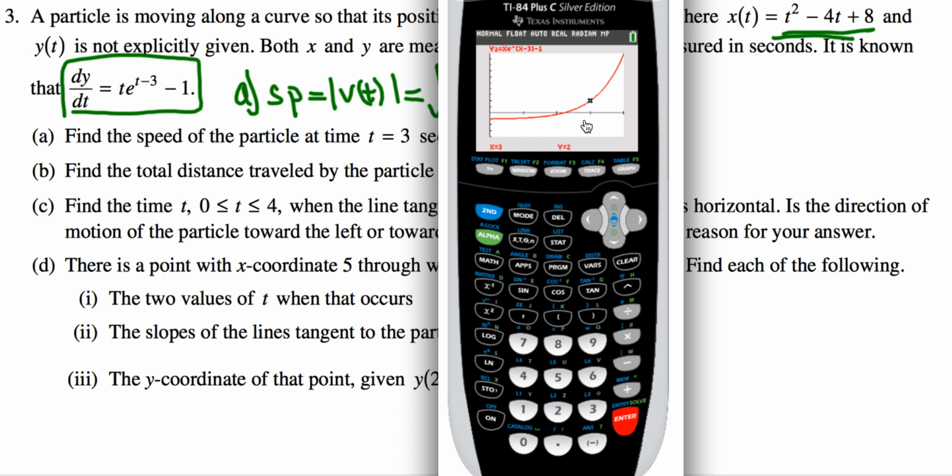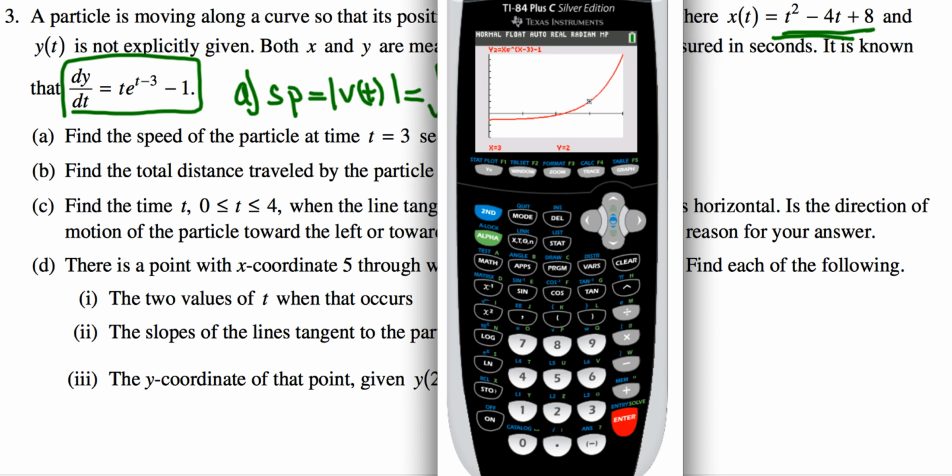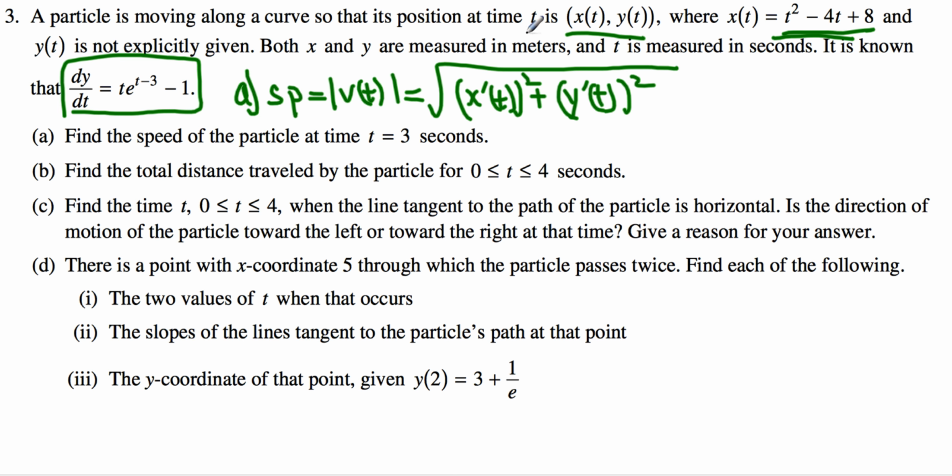So both ways it was equal to 2. So our answer is 2 squared plus 2 squared under the square root, which becomes 2 square root of 2. That will be the speed, in meters per second.